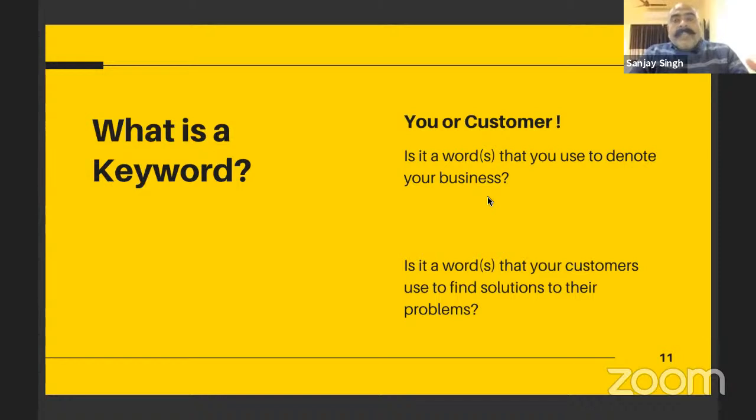Or if they type, how can I improve my sales? Then that becomes my keyword. Or if they type, can anyone consult me in improving my sales? Then that becomes my keyword. Or if someone writes, can I get a sales consultant near me? Near me is a generic phrase used by Google.